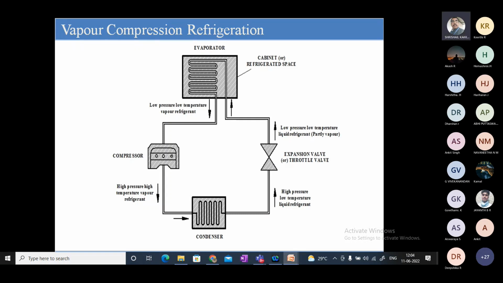So due to this, the refrigerant which is coming out of the expansion device will be a low temperature, low pressure, liquid refrigerant, and it will again be circulated into the circuit, so it is called a closed circuit. We are not going to expel it to the atmosphere. The refrigerant will be within the circuit only. So you always have to see that there should not be any leakage of the refrigerant in the circuit. Okay.